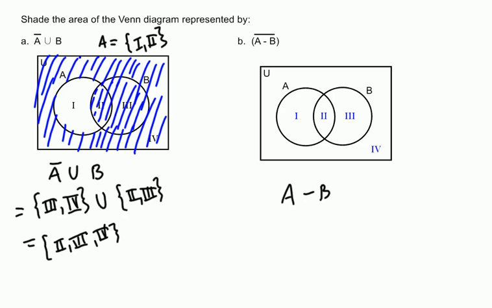You may have to practice this the first few times. First thing we have to do is here what's in the parentheses is A minus B. Well, remember that A minus B says to start with A and then remove anything that's in B. So A minus B is going to be just the region 1, and then we're going to take the complement.